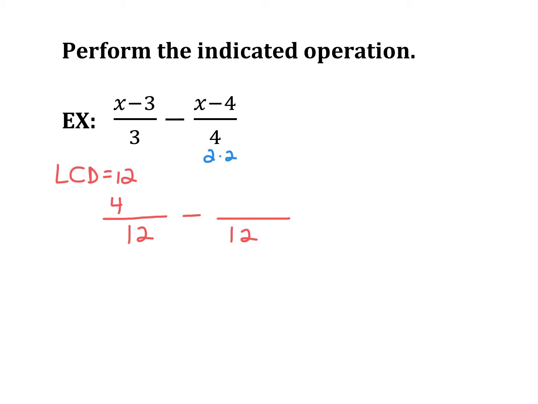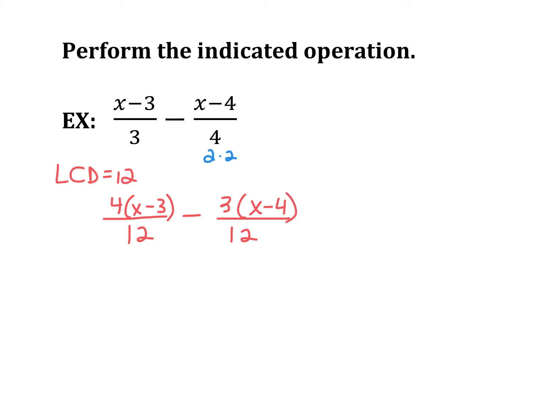So we're going to multiply the numerator by 4 as well. And then we're going to go through the same process for the second fraction. To get from an original denominator of 4 to a new least common denominator of 12, we need to multiply by 3. And whatever we multiply the denominator by, we also need to multiply the numerator by.